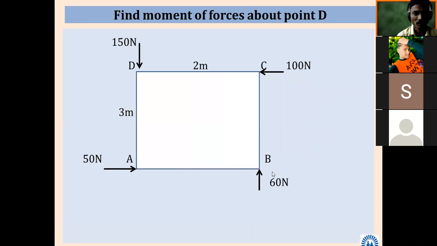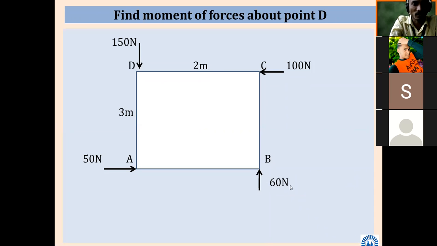On the other hand, what was the direction in all the previous cases? For the force we cannot say anticlockwise; we can say downward or upward, or horizontal or vertical.